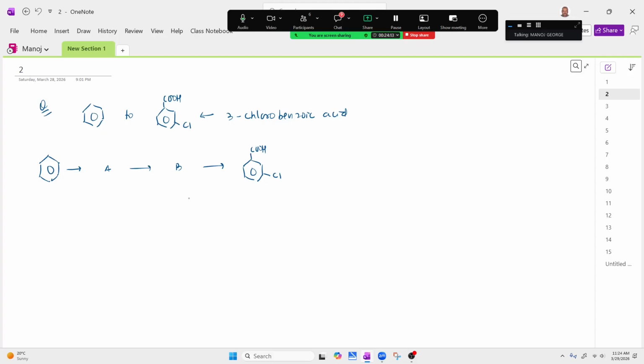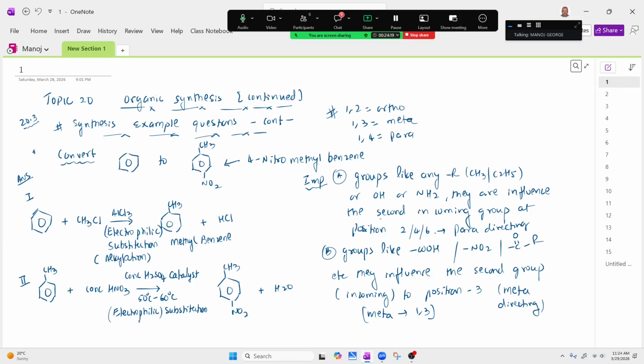Okay, so you see there is a carboxylic group and you see there is a chlorine group. You want to go back to the notes which I wrote here, particularly the note for B: groups like carboxylic influence the second group coming to position 3. So that's now a hint for you.